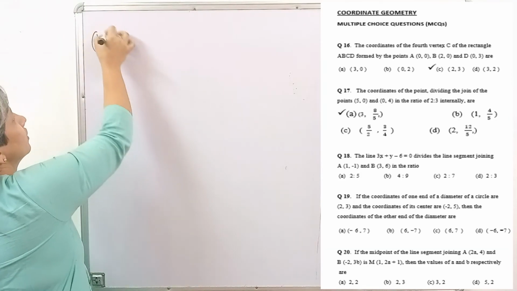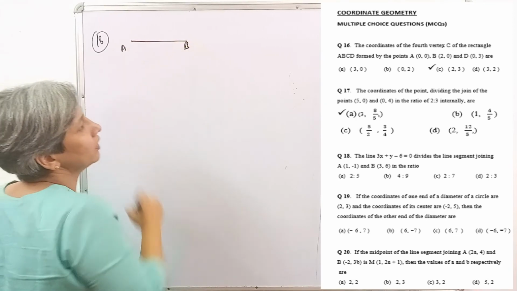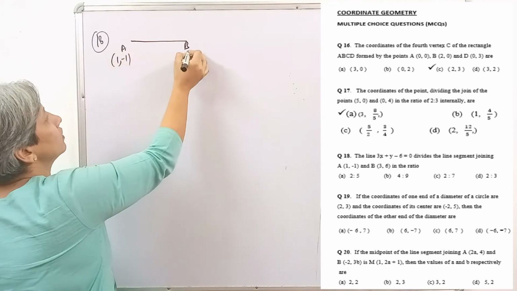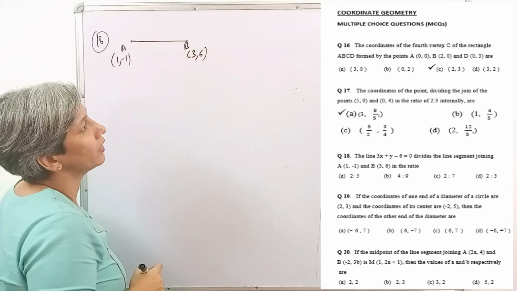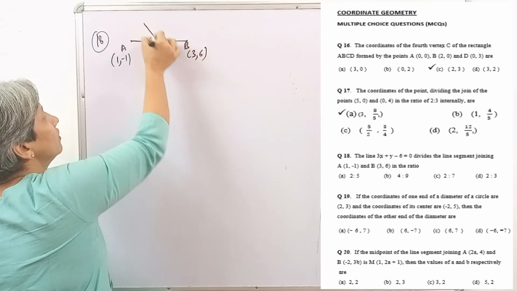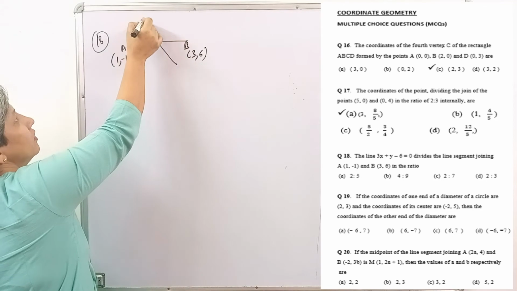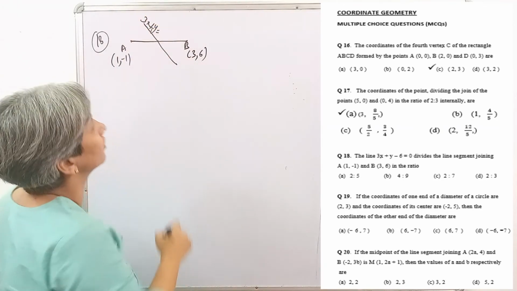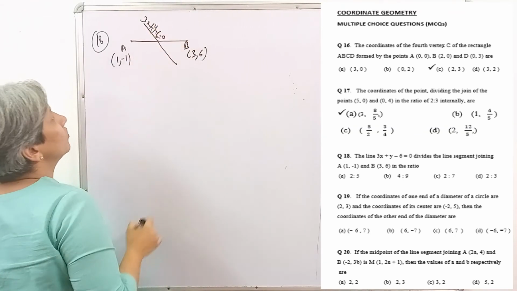That means I have A, B as (1, -1) and (3, 6), and I have a line with the equation 3x plus y minus 6 equal to 0, right.